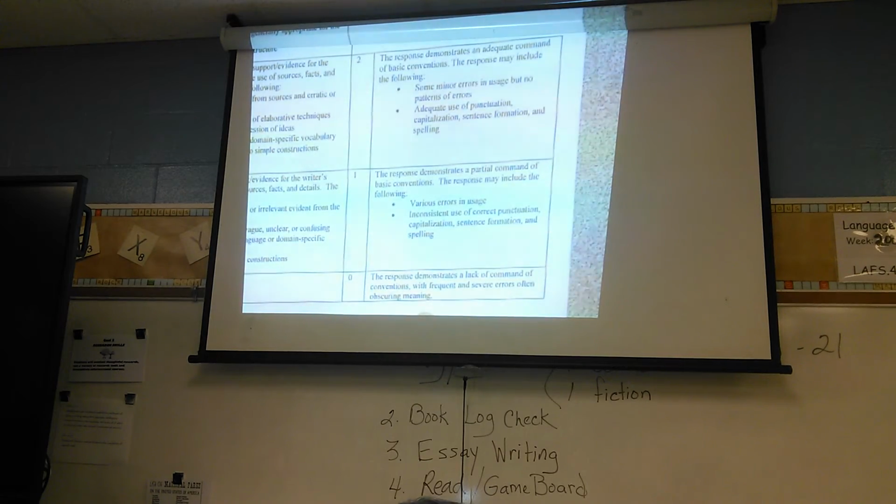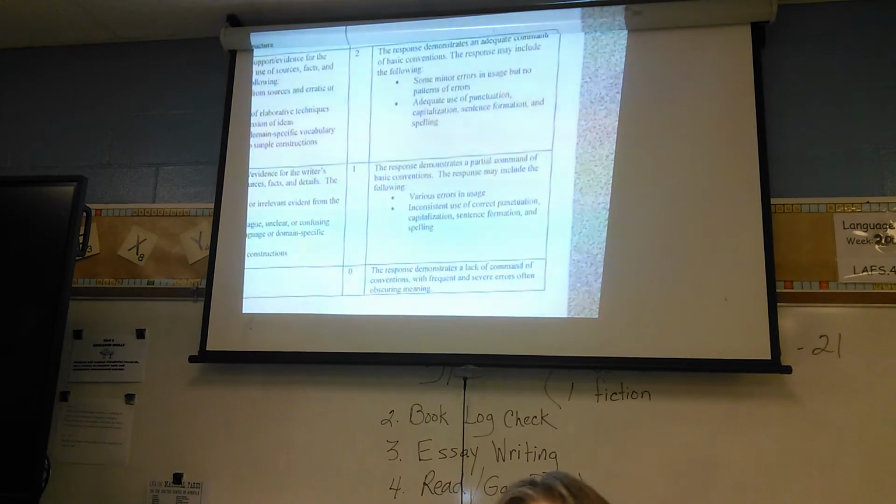Capitalizing the first word in a sentence is something that you learn in kindergarten. And this is 4th grade. And I'm sure that all of you can do it, but all of you don't do it. And that becomes a choice. All right? So if you don't show any kind of a command, you can get a 0.